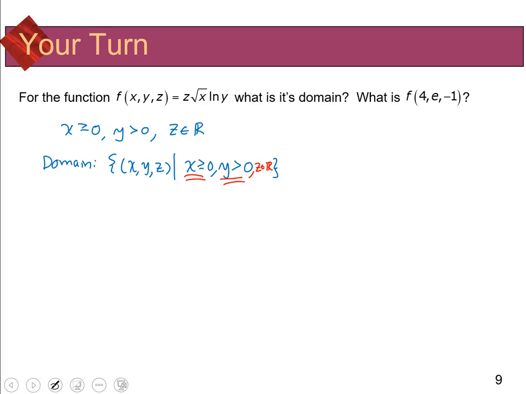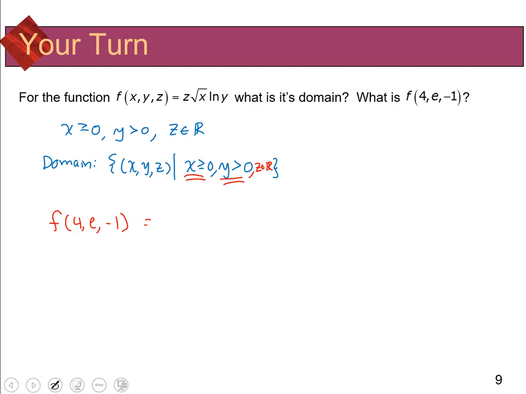So it's really up to you if you want to put that last part in. Since it's not a restriction, it's basically saying z is unrestricted, and you really don't have to list it at all.